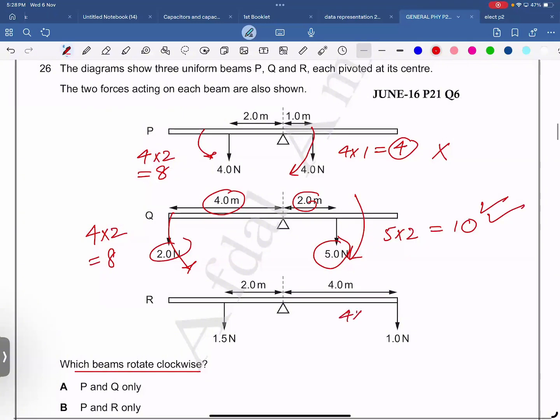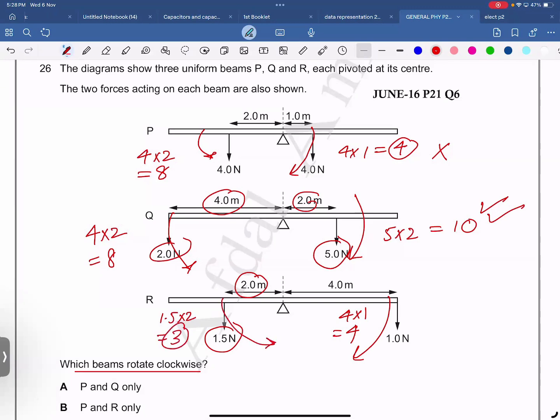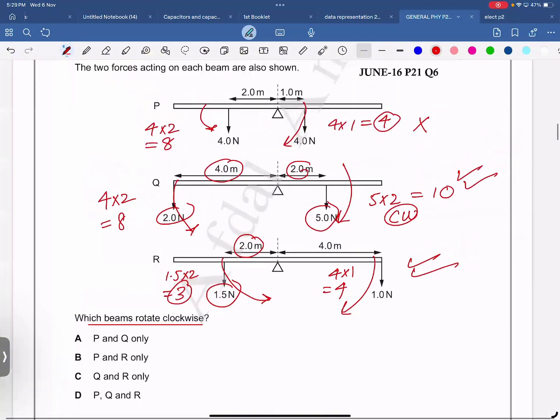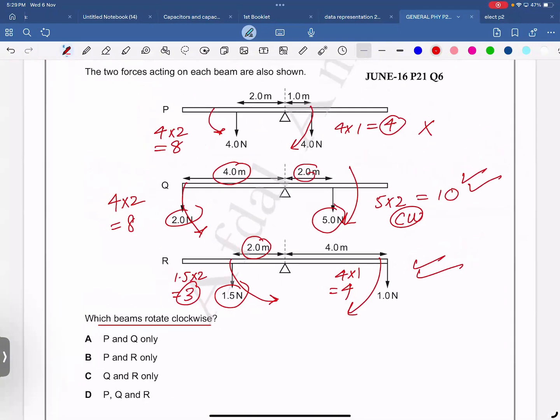Next, 4 times 1 is the clockwise. 1.5 times 2 is 3, the anti-clockwise. Also clockwise is more. So when the clockwise moment is more, it means it will rotate clockwise. So diagram Q and R.